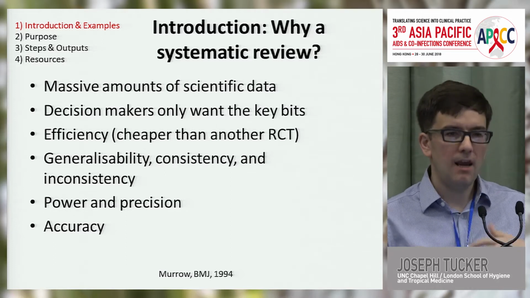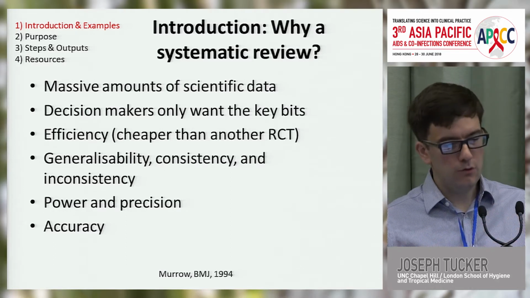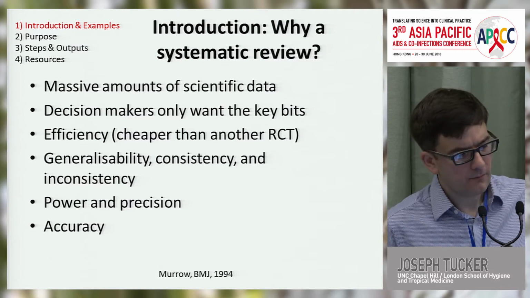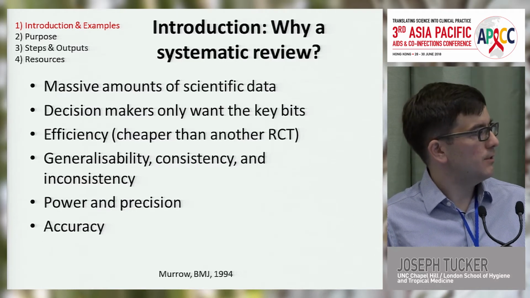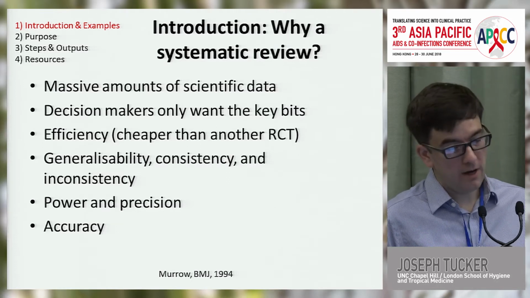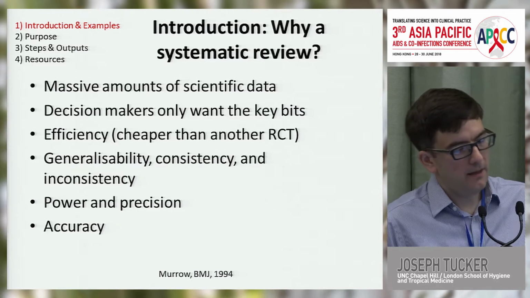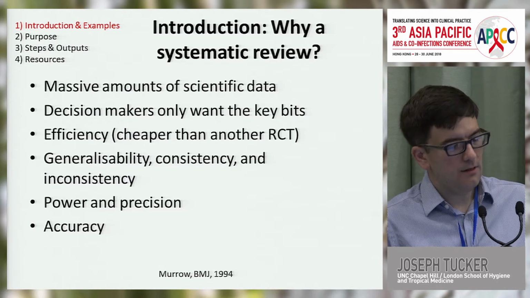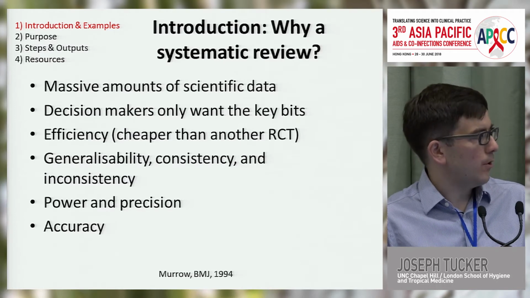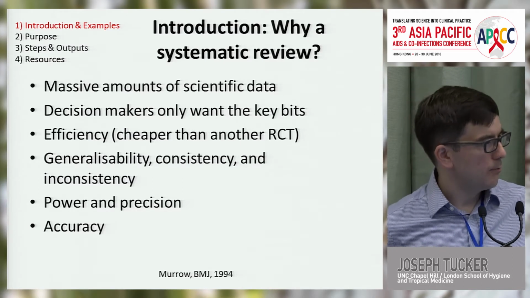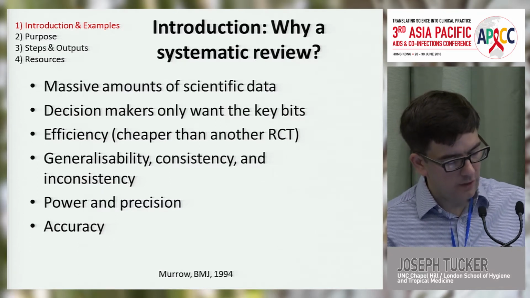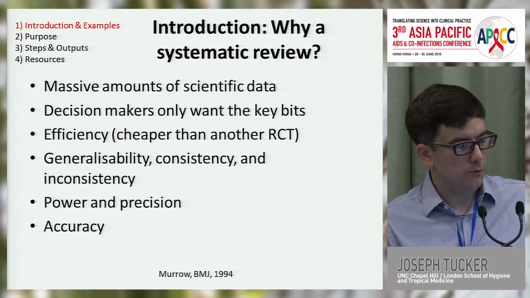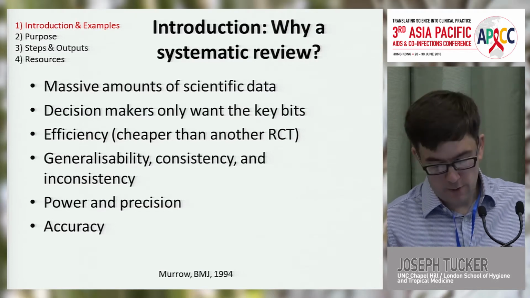Decision makers can't be bogged down in this huge raft of data. Efficiency, so this is cheaper. If you do a systematic review, it's much less expensive than doing a new randomized controlled trial. And then generalizability, consistency, increased power. So if you have a larger number of studies or individuals, it allows you to have greater power.